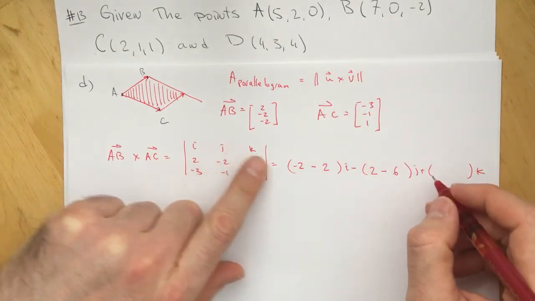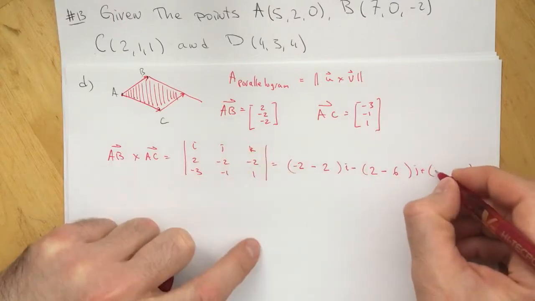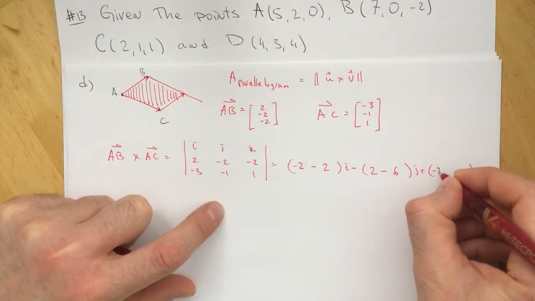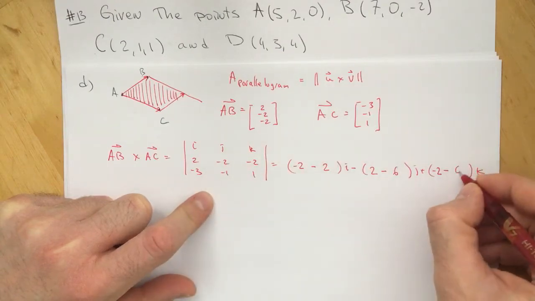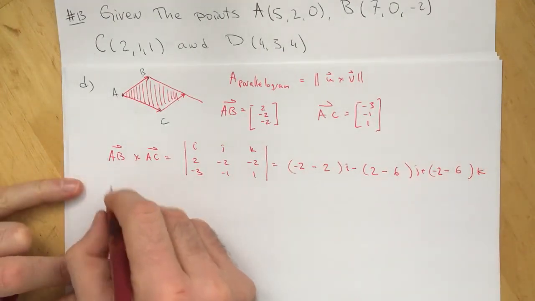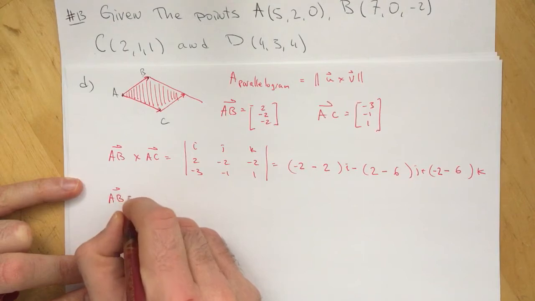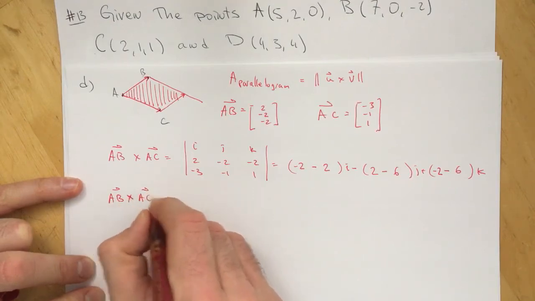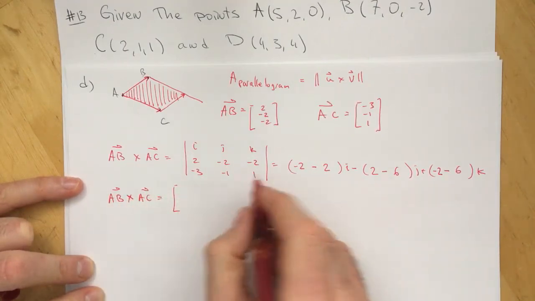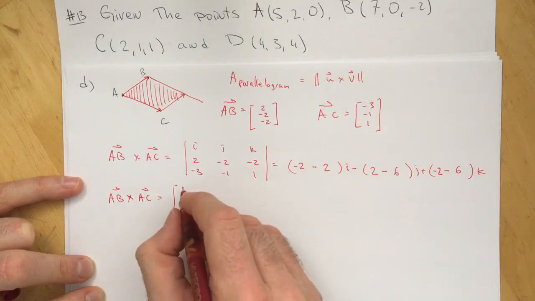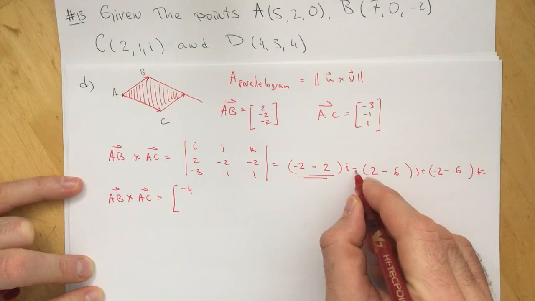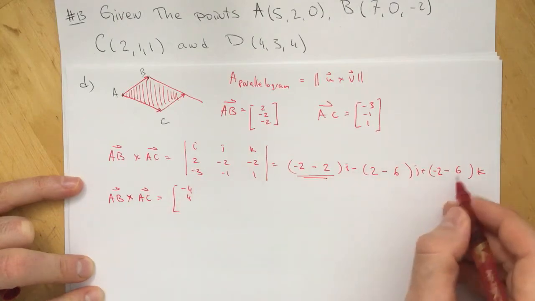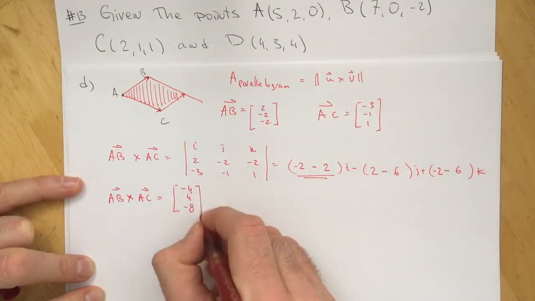And the last one is 2 times negative 1 is negative 2, minus negative 3 times negative 2 is positive 6. Okay, so this cross product is equal to the vector with entries negative 4, positive 4, and finally negative 8.